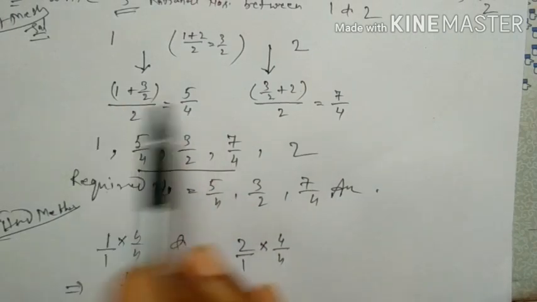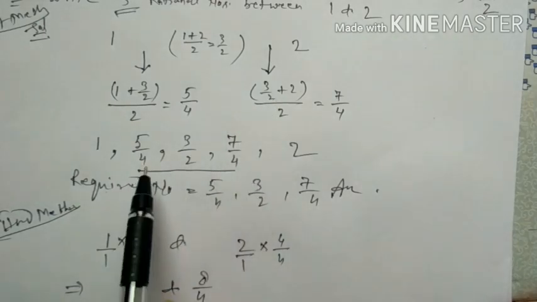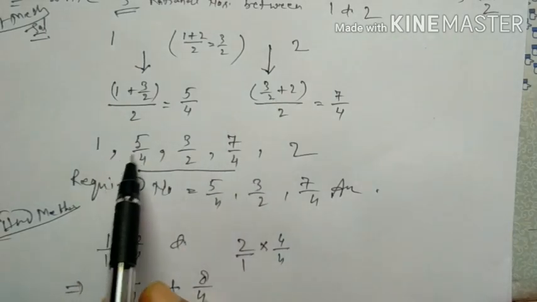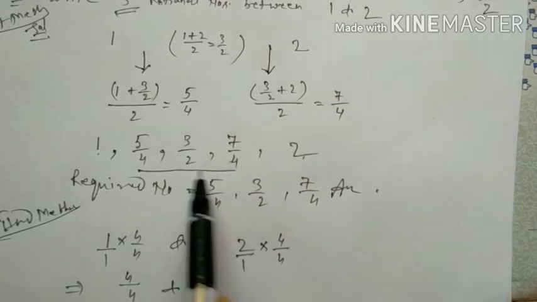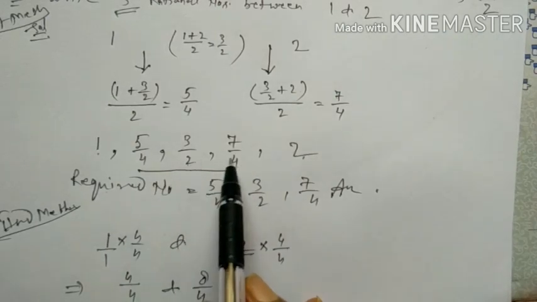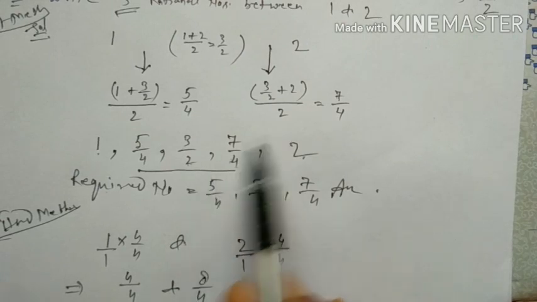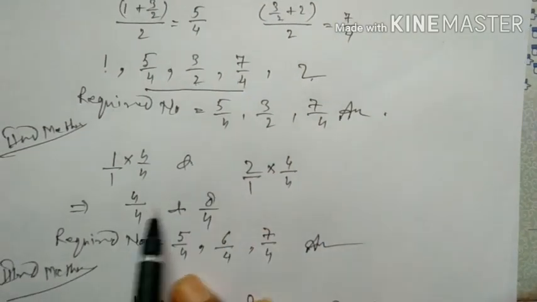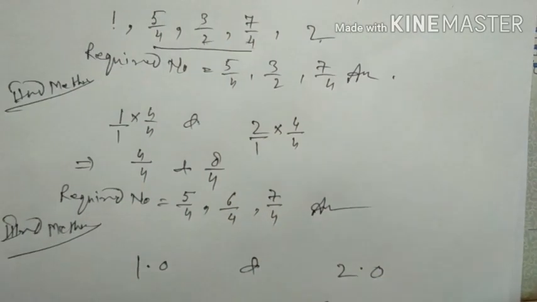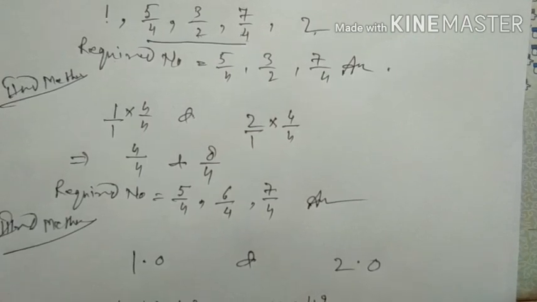When you find 7 numbers between 1 and 2, after 3 numbers you write a fourth number between 1 and 5 by 4, a fifth number between these two numbers, a sixth number between these two numbers, and a seventh number between these, and again repeat this process. So it becomes so long. This method is easy and this method is also easy. So we can use any one of these 3 methods.